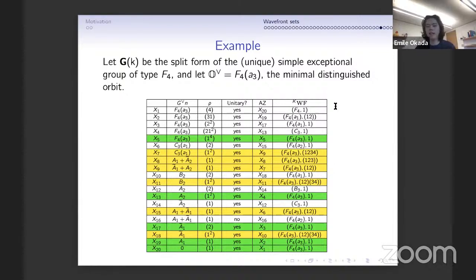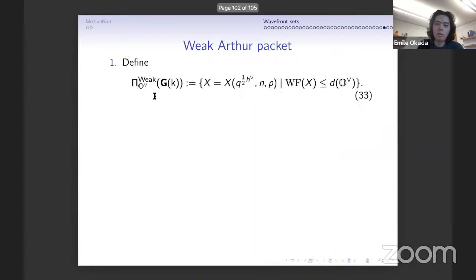It provides the exact analog of what happens in the complex case. But nonetheless, in analogy to what happens in the real case, we define the weak Arthur packet to be all the representations with this infinitesimal character which attain this minimal possible geometric wavefront set.